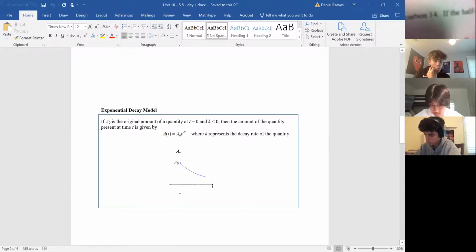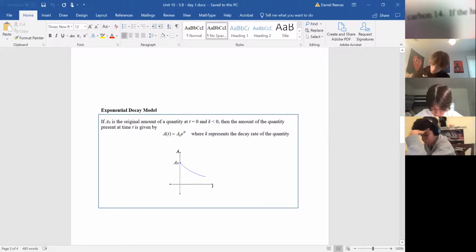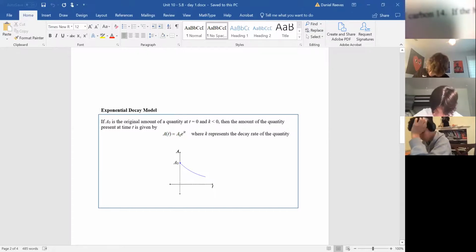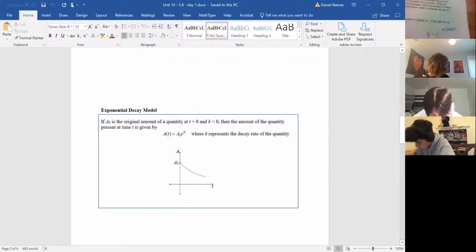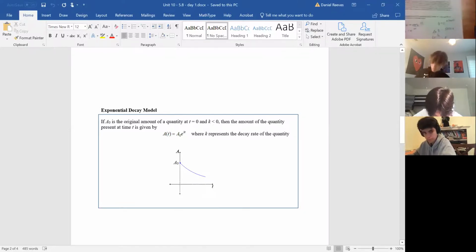I'm going to take the natural log of both sides. Natural log of 1/2 equals 5,600 k, and divide by 5,600. Natural log of 1/2 divided by 5,600 equals k. Again, my calculator can give me a pretty good approximation for that.